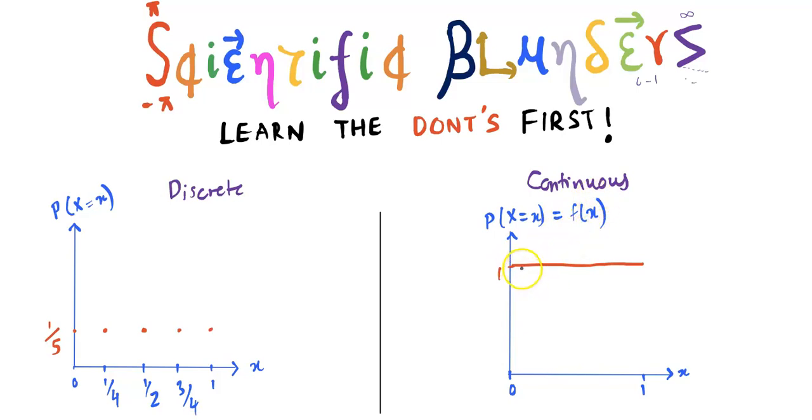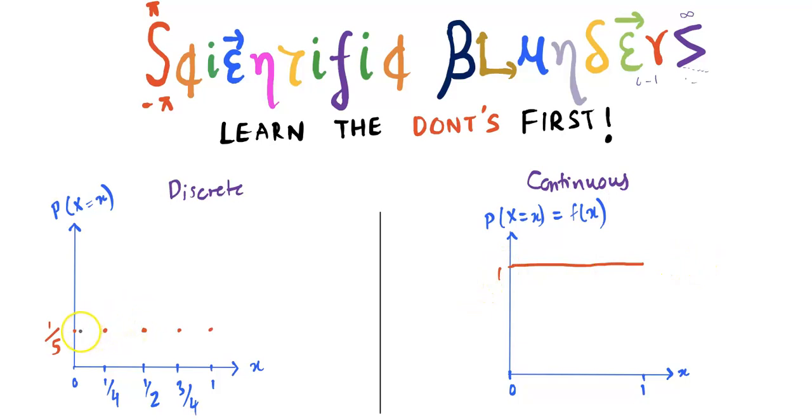And since the total probability has to equal 1, the value of f of x has to be such that the area under the curve is 1, or in more formal terms, the integral has to be 1. So here we're considering a uniform distribution where, given that the area has to be 1, the area of this square has to be 1, and so the value of f of x would also be 1 for all values of x.